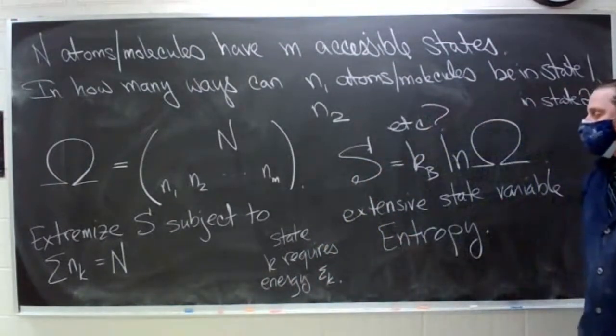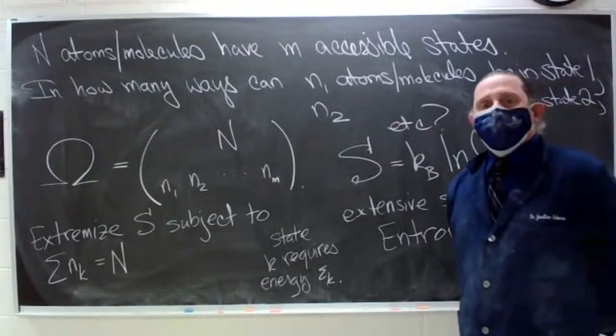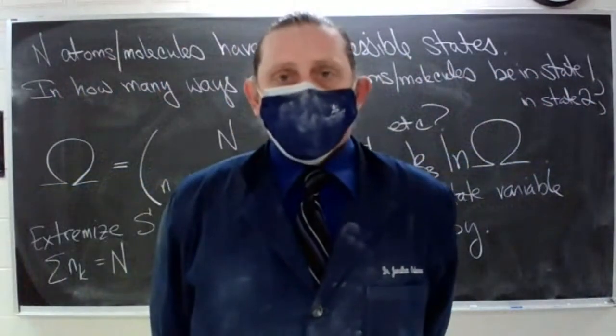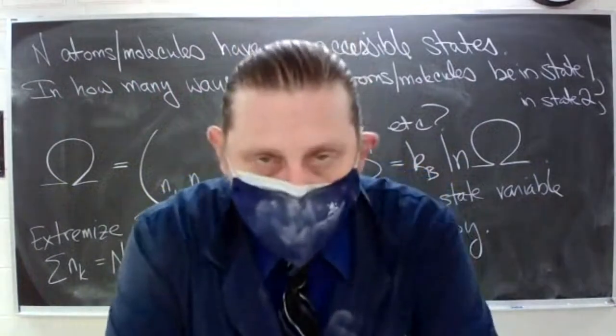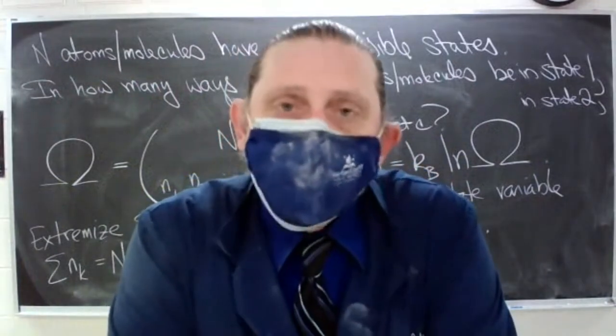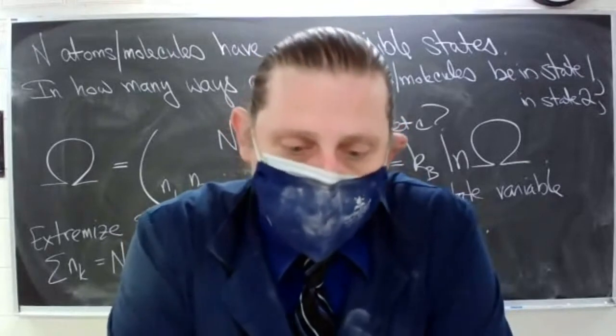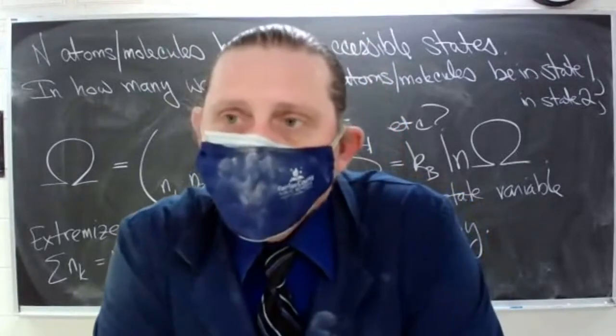State K requires energy epsilon K. The appearance of epsilon is because I wanted something that was like energy, E. Uppercase E is going to be the total energy.